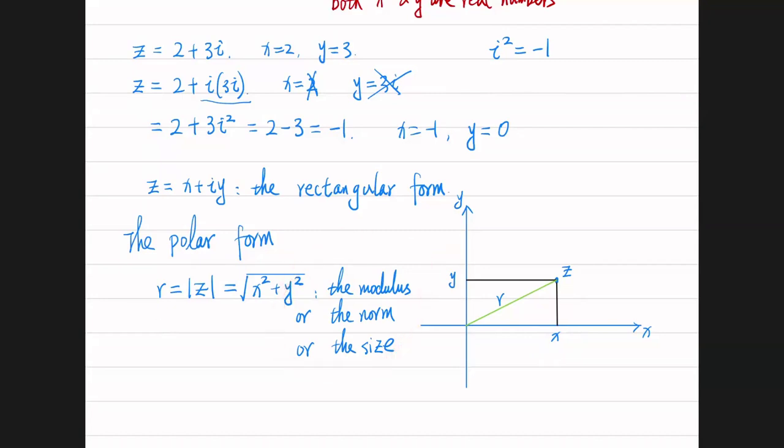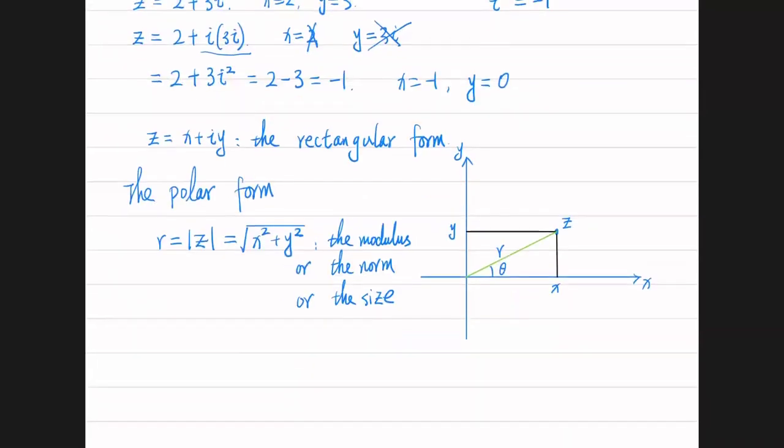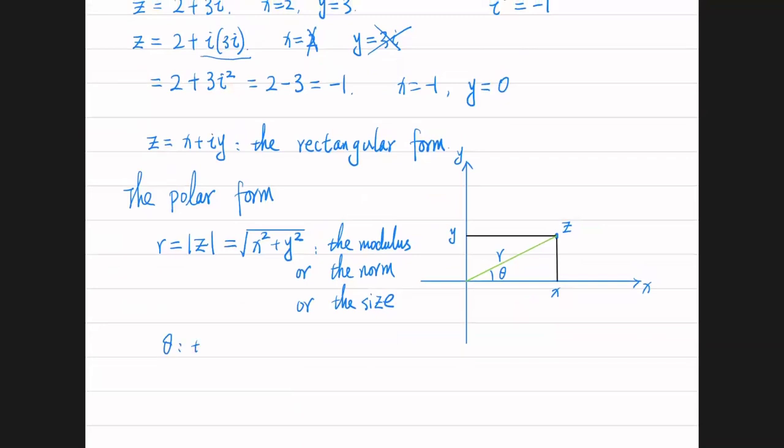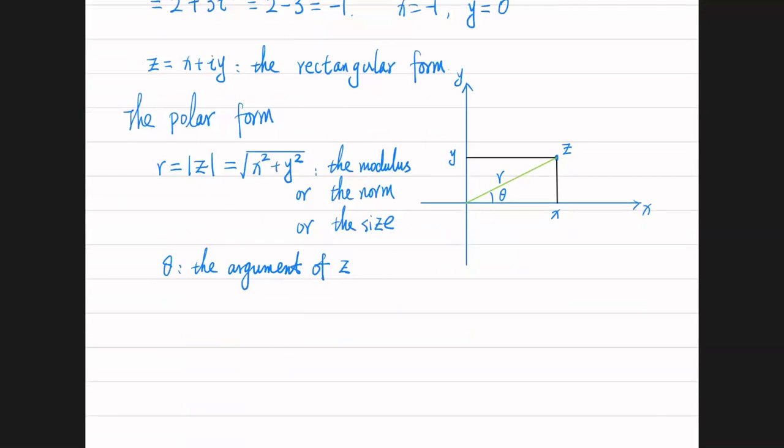And the second part is theta, the argument. Okay, now let's recall, in this right triangle, the hypotenuse is r, and this angle is theta.